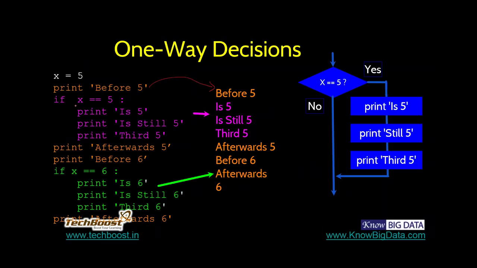Now we have a conditional statement here. x is 5. Yes, in fact it is equal to 5. The following block of code, these 3 lines of code, creates a block of code under this condition, and hence it is indented, executes, and we get all these 3 lines as the output. Let's move further in this program and print afterwards 5.